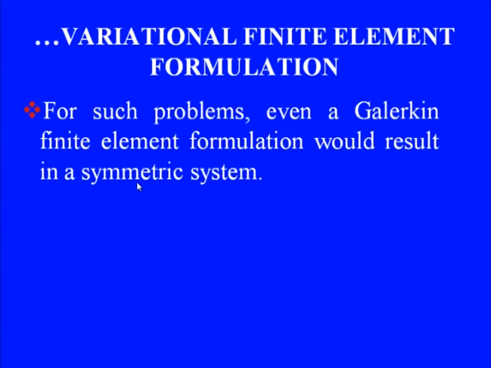So, that is the reason why nowadays, instead of trying to search and formulate the variational functional for a problem, most of the time we prefer to go with Galerkin finite element formulation, firm in the knowledge that if there were a variational formulation which we were seeking in order to obtain a symmetric system, we would anyway get that by using our Galerkin finite element formulation.